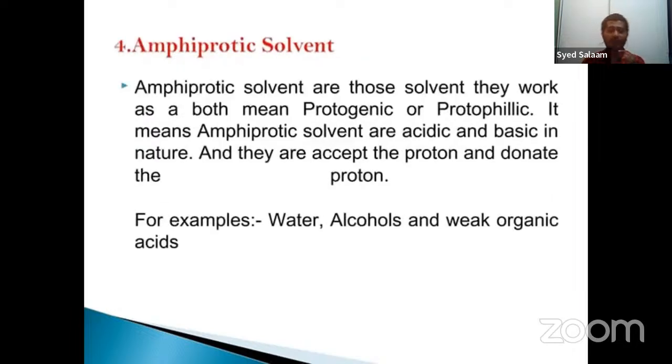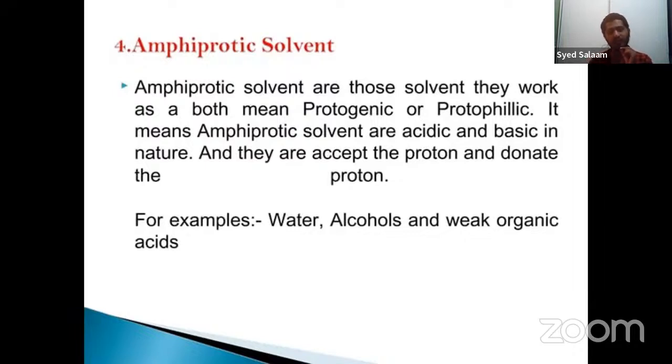Next, amphiprotic solvent. Amphiprotic, by the name itself, is like amphibians. Amphibians are those which live both in water as well as on land, meaning they have both features. We call them amphi. So amphiprotic means it has both protogenic as well as protophilic properties, and based on what is available, it can change its nature.